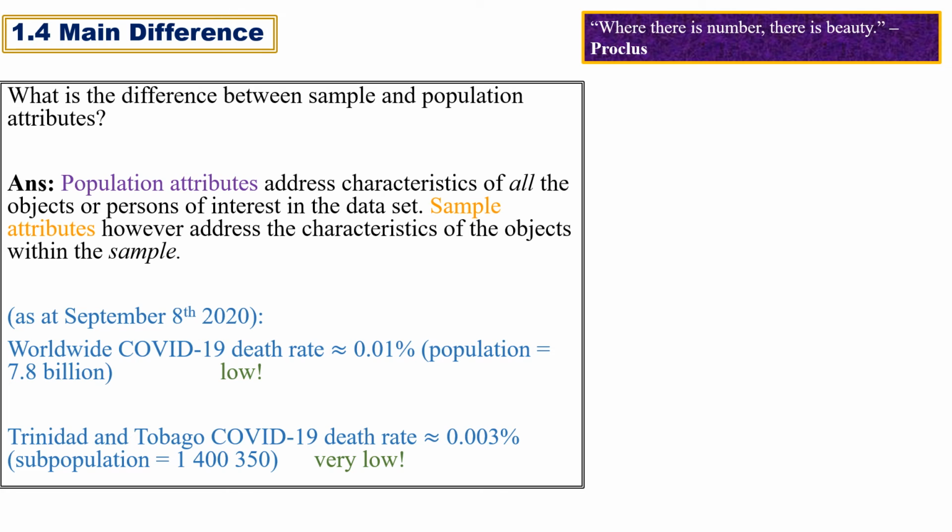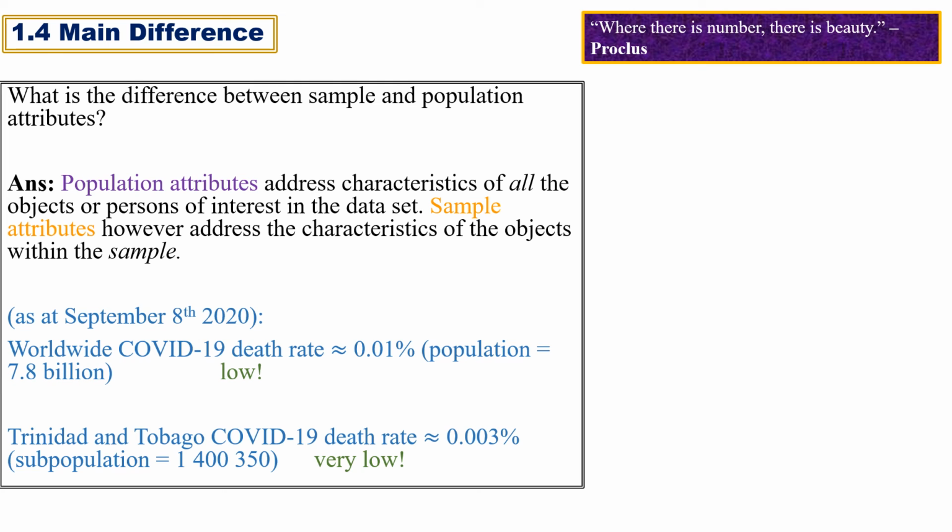Okay, so this is the main difference between what we consider sample attributes as opposed to population attributes. Population attributes address the characteristics of all the objects or persons of interest, which in this case is every single person in the world. I mean, this value 7.8 billion is at best an estimate, all right?